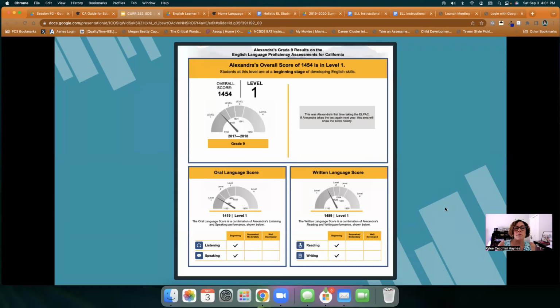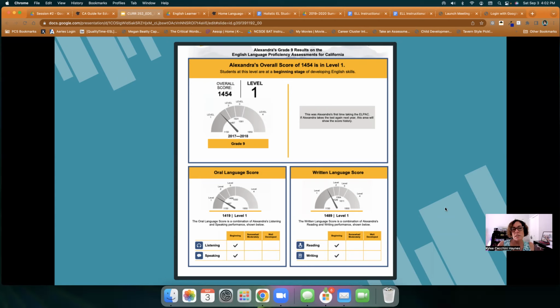And Alexandra, this is what hers looks like in her CUM folder, all right? Like I said, her information would be in the student information system as well. Although actually, I think as you go deeper in the information system, it will give you this sort of speedometer kind of thing.